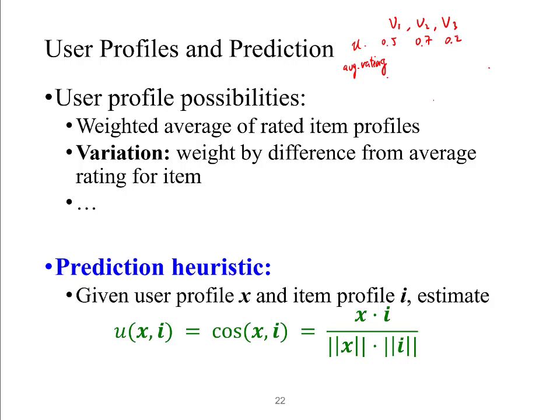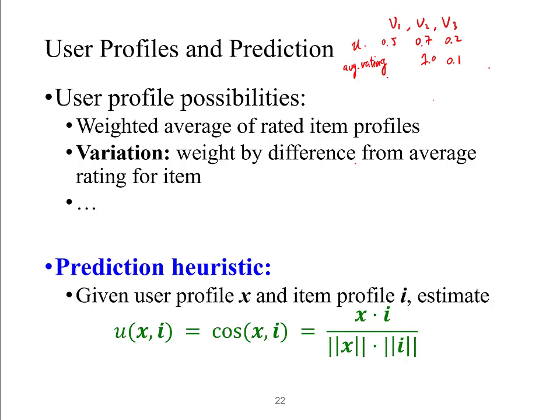But if the average rating of V3 is only 0.1, let's say, then 0.2 is not that bad. On the other hand, if the average rating of V2 is actually 1.0, then 0.7 is not very high. So using the difference from the average rating actually represents this.